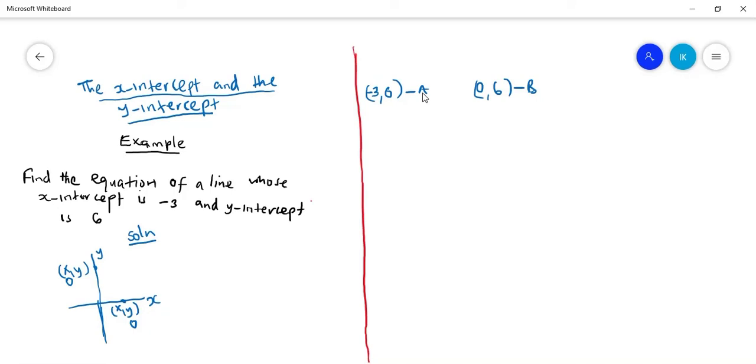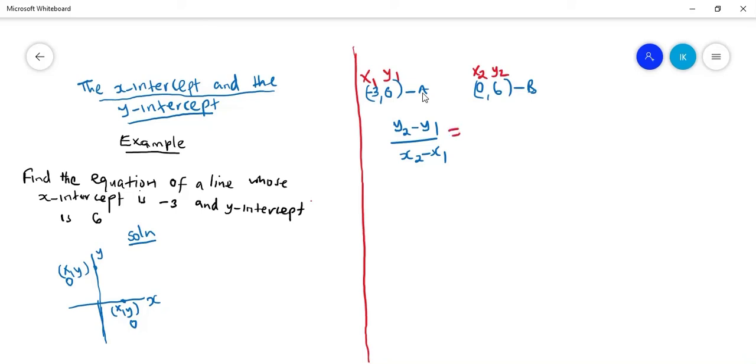We use the formula (y2 minus y1) over (x2 minus x1), where we designate this one x1 and y1, and this one x2 and y2.